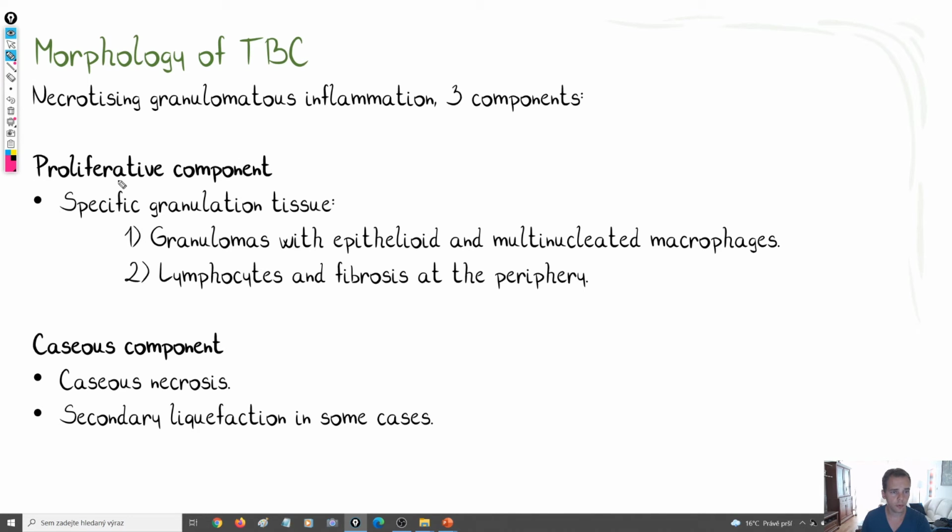And then there is a caseous component, which is the caseous necrosis itself. As I said, sometimes it can undergo secondary liquefaction, but basically it's the caseous necrosis. So the TBC has a proliferative and caseous component in various proportions.